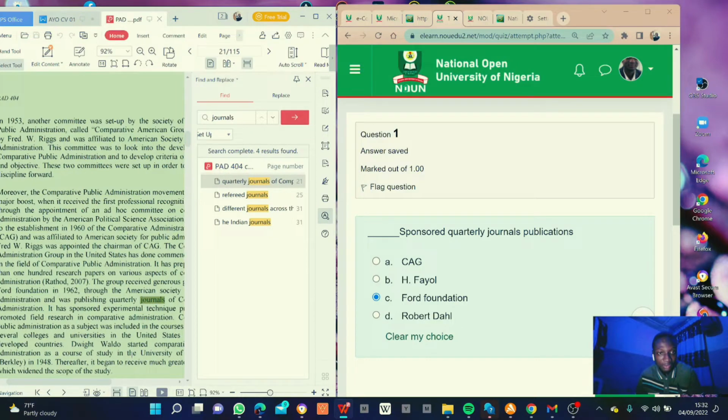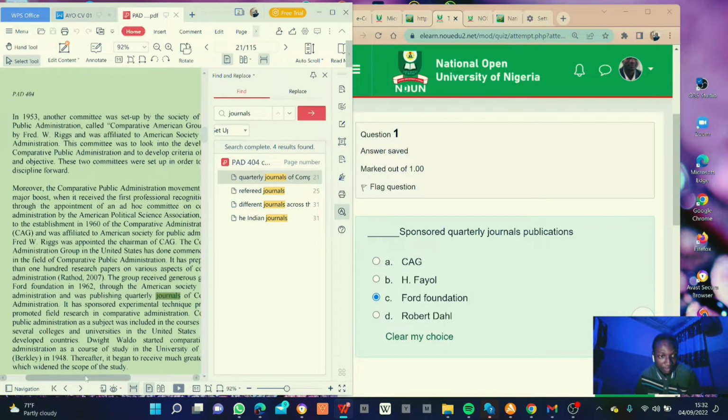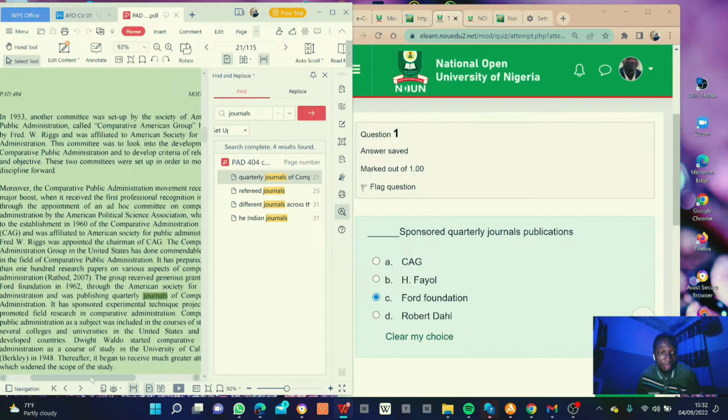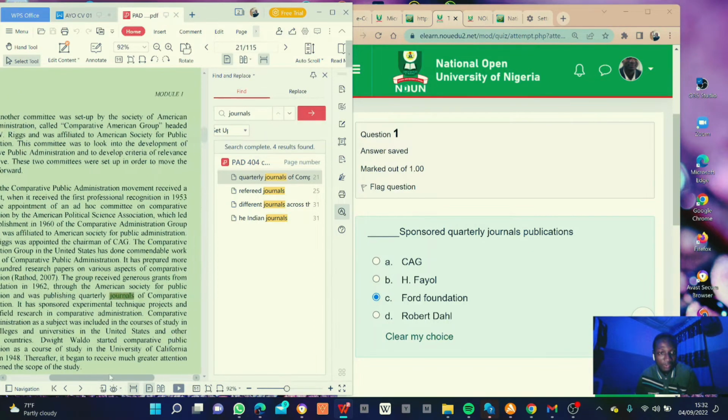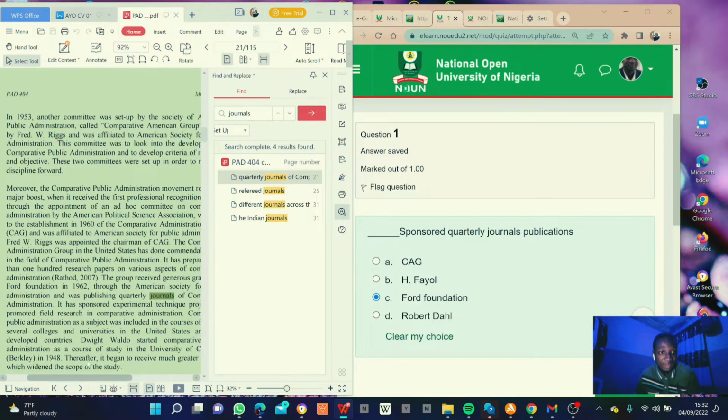Okay, as you can see, we have the option highlighted, publishing quarterly journals for cooperative administration. The question here says dash sponsored. From what we can see here, we have the CGA, which we can see here.